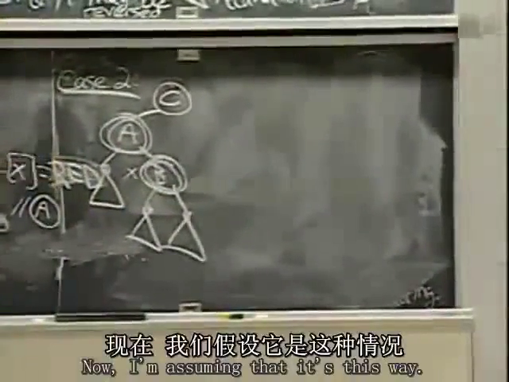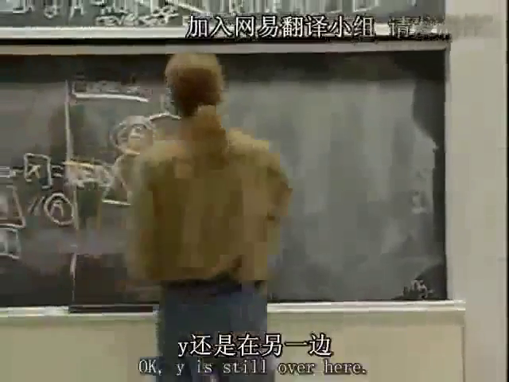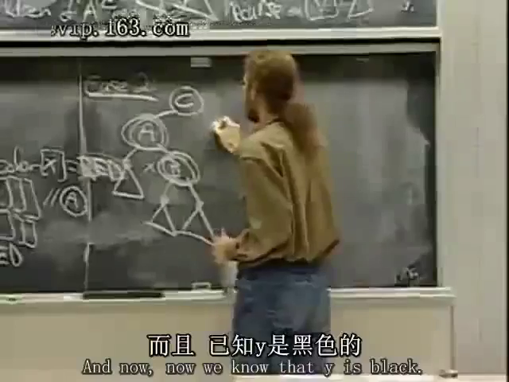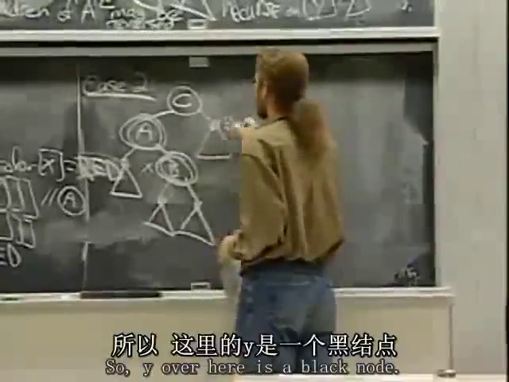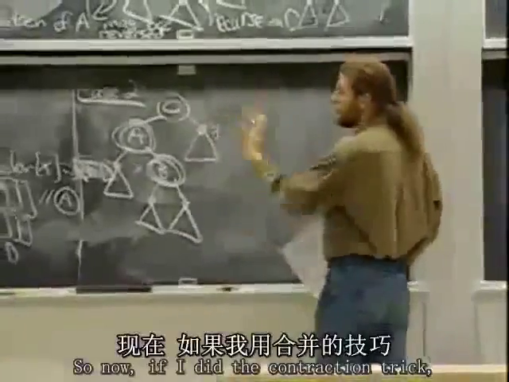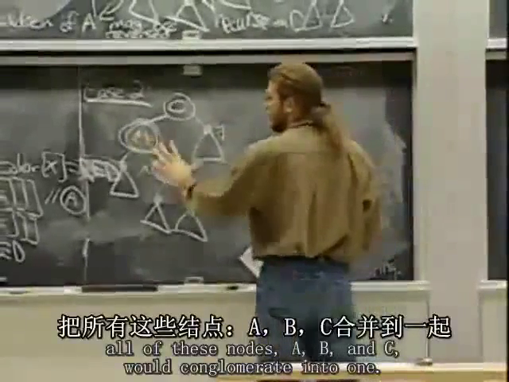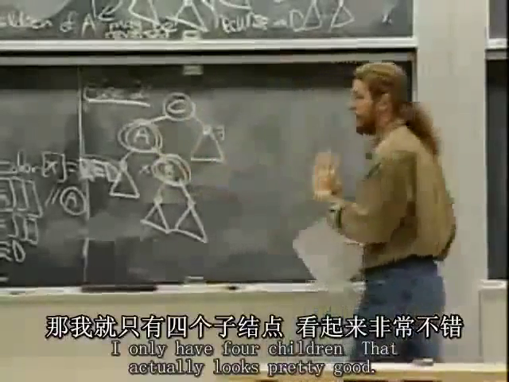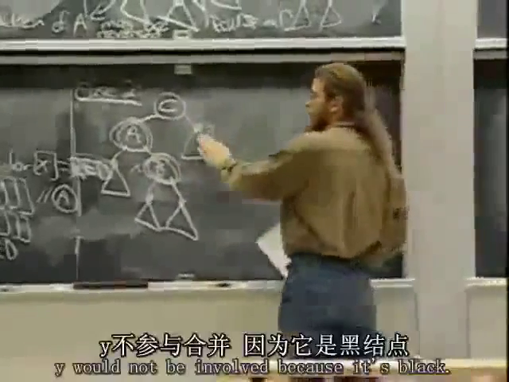Now, I'm assuming that it's this way. Okay, Y is still over here. And now we know that Y is black. So Y over here is a black node. So now if I did the contraction trick, all of these nodes A, B, and C would conglomerate into one. I only have 4 children. That actually looks pretty good. Y would not be involved because it's black.